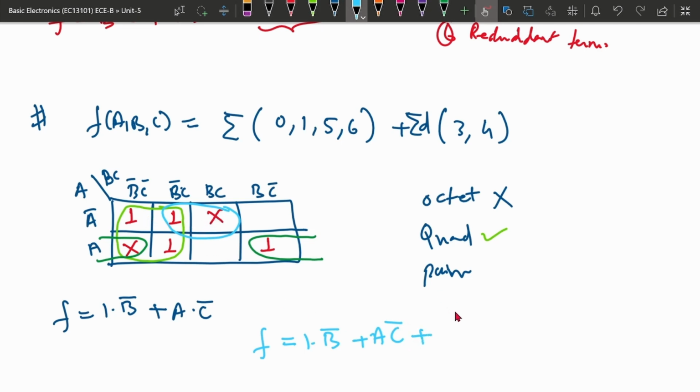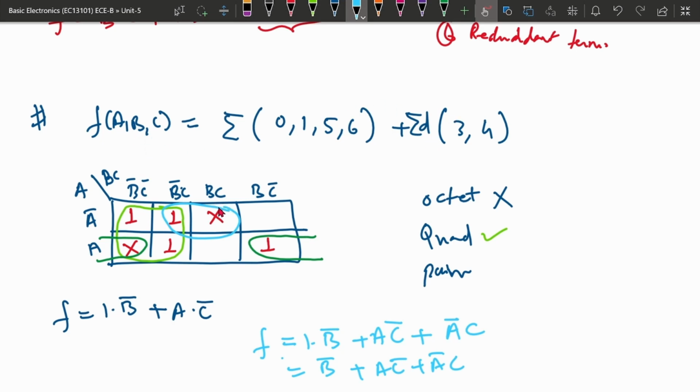So here it is A bar into the common term between these two, C. So it comes out to be B bar plus AC bar plus A bar C. This term is the extra term. It was not required because a don't care doesn't affect the function. It could be 0 or 1. It is not going to define f.